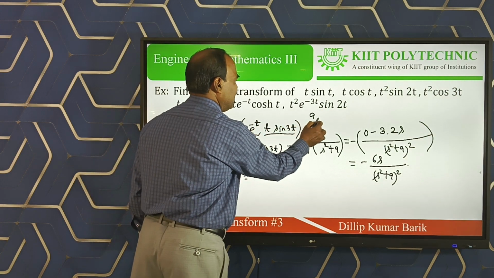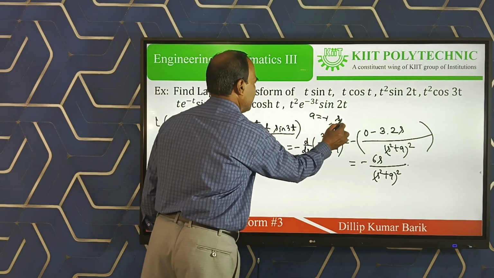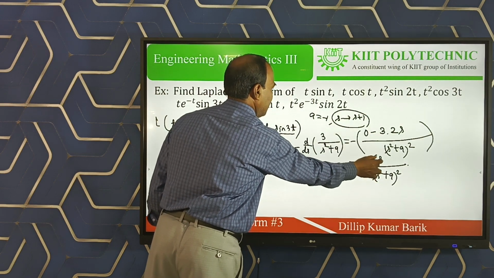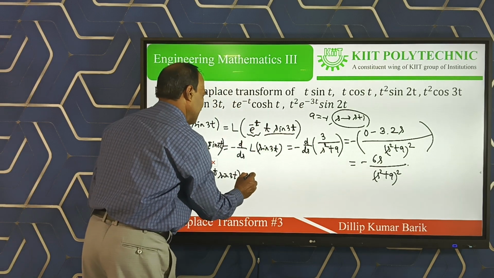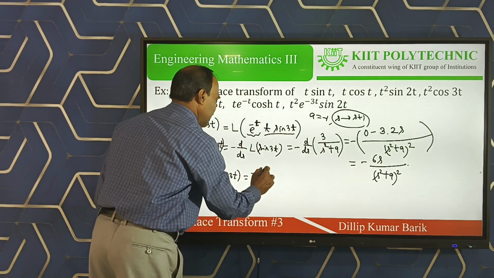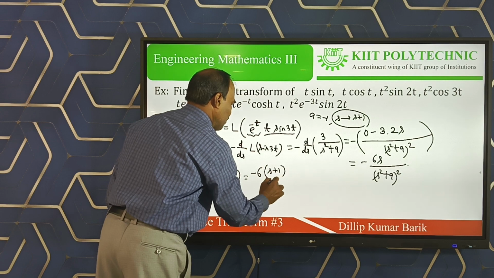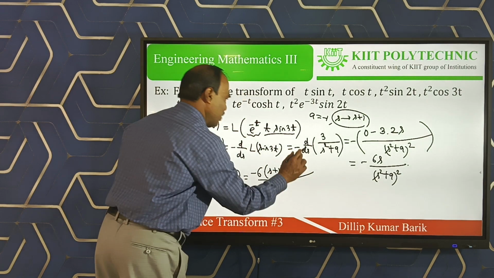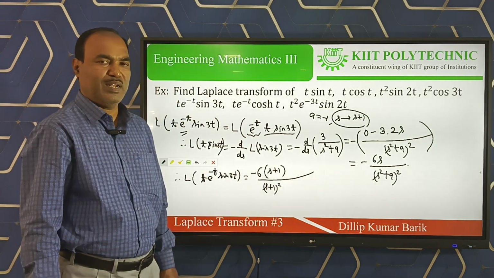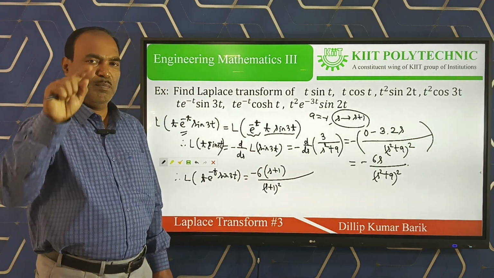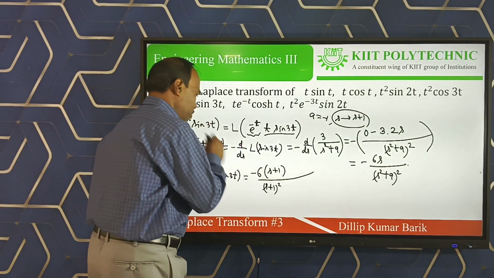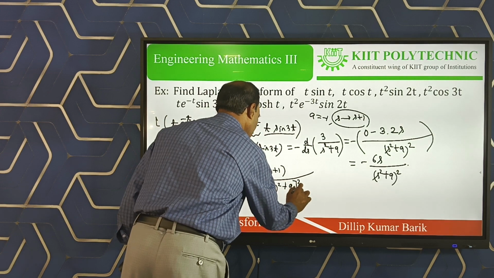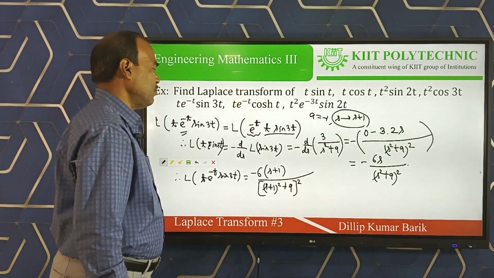That means a here is minus 1. So s changes to what? S minus a means s plus 1. Here wherever s is, just change. Final answer: 6s changes to 6(s plus 1), divided by (s plus 1) whole square, because s square changes not to s square plus 1, s changes to s plus 1, power 2, plus 9. This whole square is the final answer.